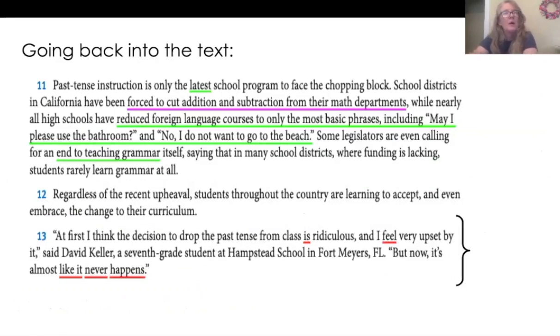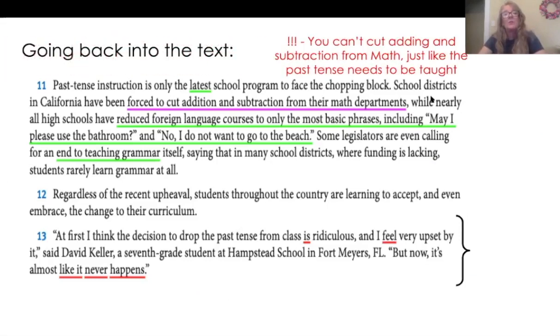Next section, paragraph 11. So the latest school program to face the chopping block is because there's always something in schools being deleted or gotten rid of or outdated, so to save money. So that's kind of funny right there. It's kind of ironic. School districts, this is funny, have been forced to cut addition and subtraction from their math departments.